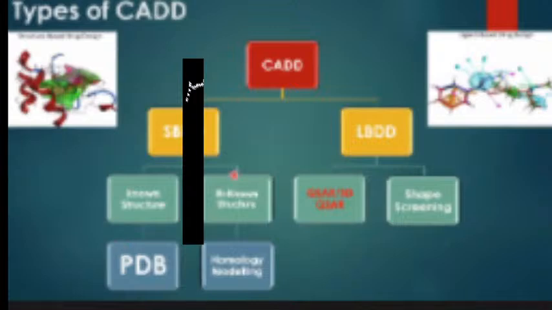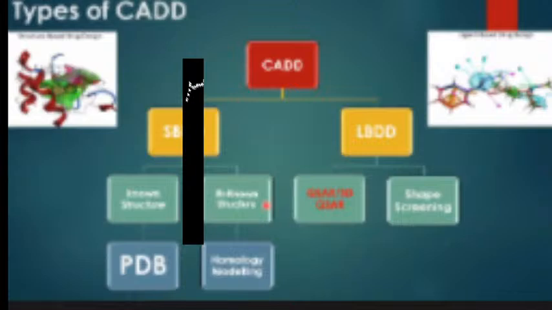The next type is when there is an unknown structure, when the structure is not well known. Maybe we do not have the exact structure, for some bacteria for example, but we have some related structures. We consider the related structure as a template, and on that template we build up our protein.